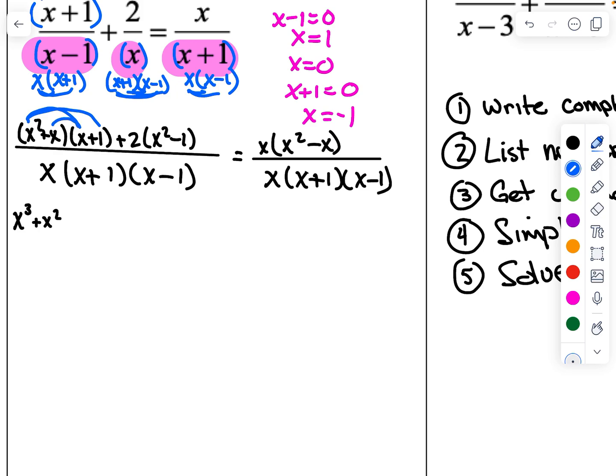X times x is x squared. X times 1 is x. 2 times x squared is plus 2x squared. 2 times negative 1 is minus 2.